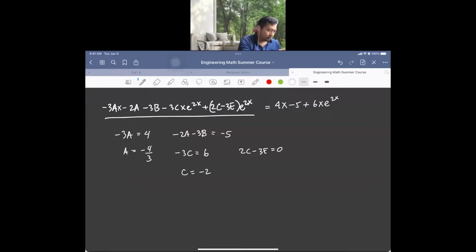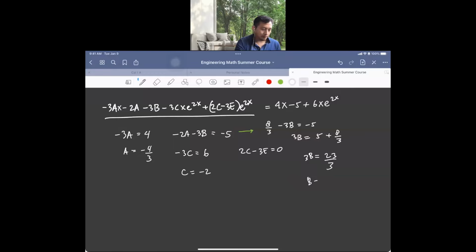And from this ab equation, we get 8 over 3 minus 3b equal to negative 5. So 3b is 5 plus 8 over 3, so 3b is 15 plus 8, which is 23 over 3.